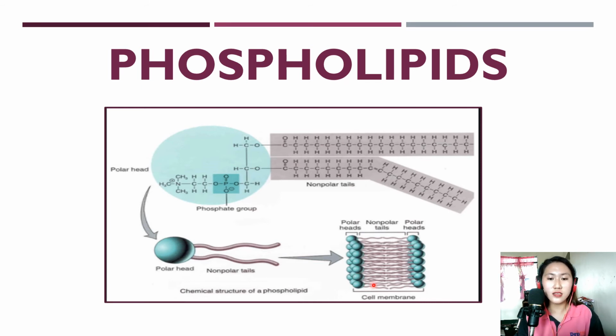And the ones that are hydrophobic, the tails, are the ones inside the structure or away from the water. Okay? So this structure is the major component of the cell membrane. The phospholipid is the key component of the cell membrane.